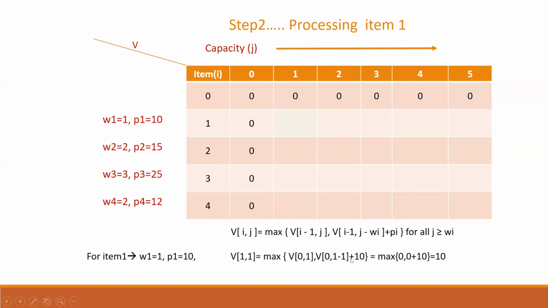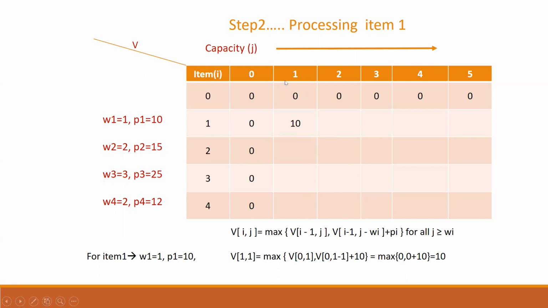So V of 0, 1 is 0, plus V of 0, 0 is 0, plus its profit 10. The maximum of 0 and 10 is 10. So this cell is filled with 10.